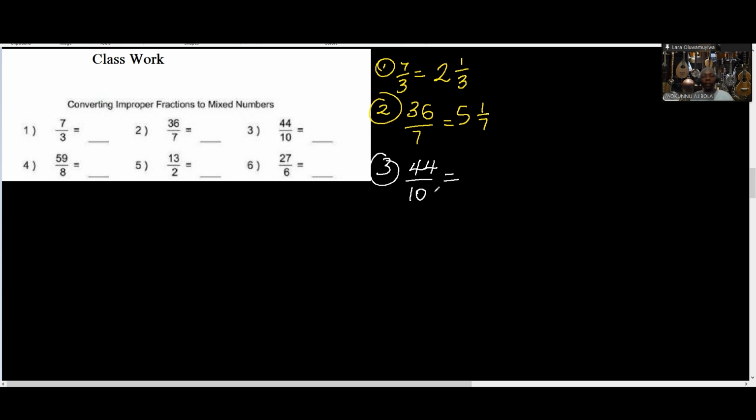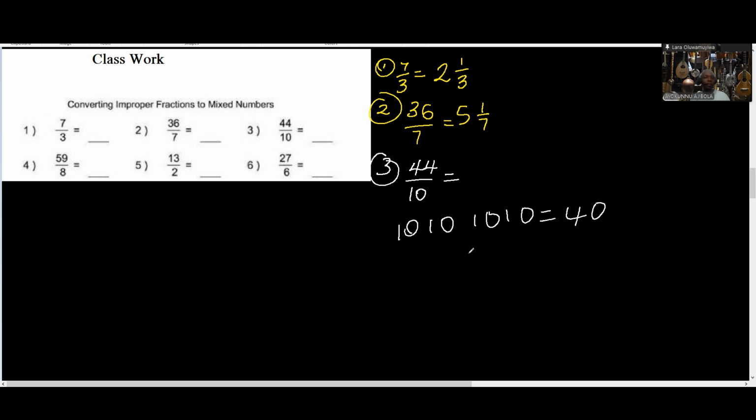So how many 10 can go in 44? How many 10? A 10, another 10, another 10, another 10 gives us 40.